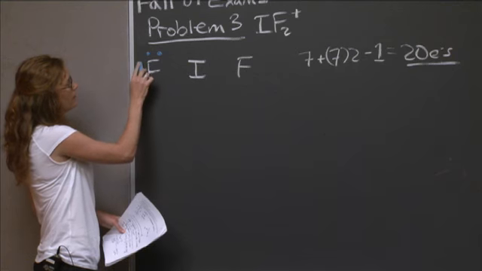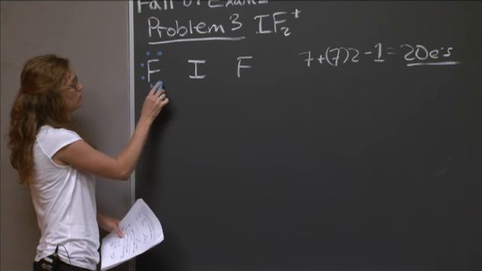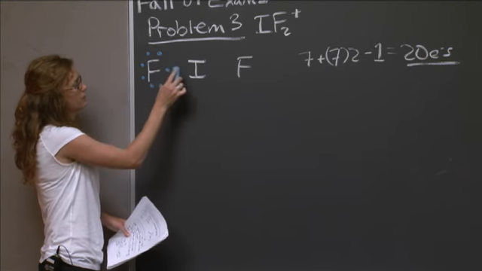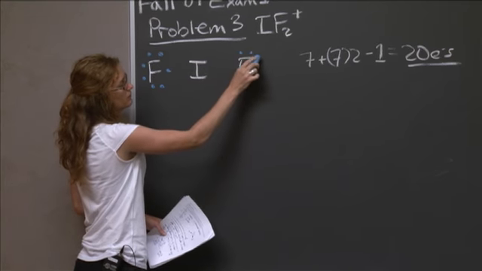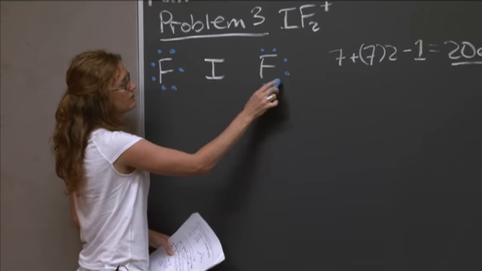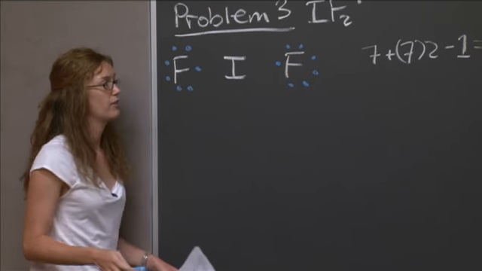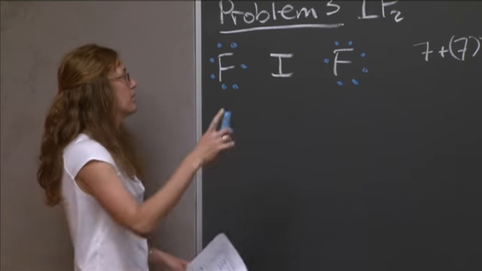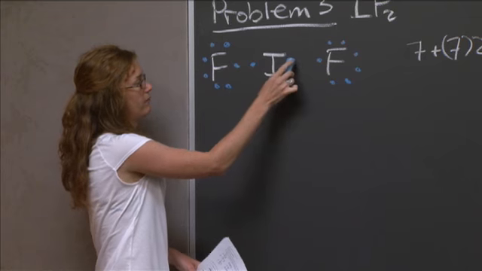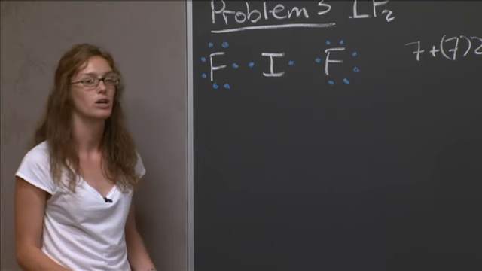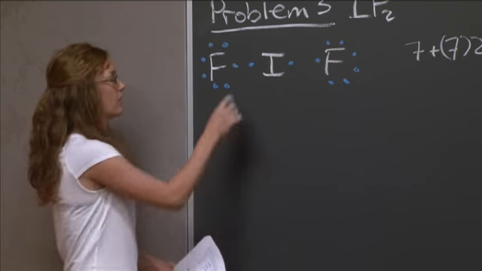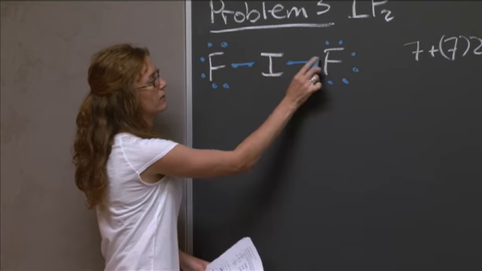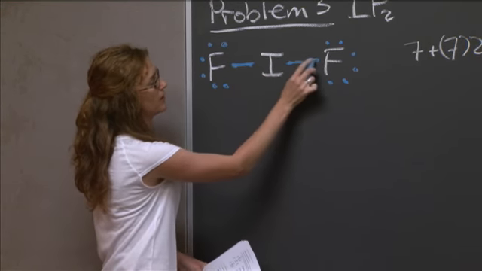Let's start out with satisfying the octet rule for the fluorines, putting first the 7 valence electrons that the fluorines brought themselves, and then noticing that each needs to share 1 from iodine so that we have a full octet. So each has 1 bond with iodine.